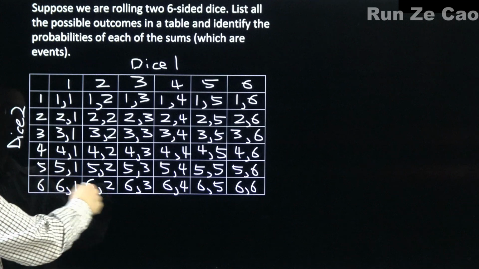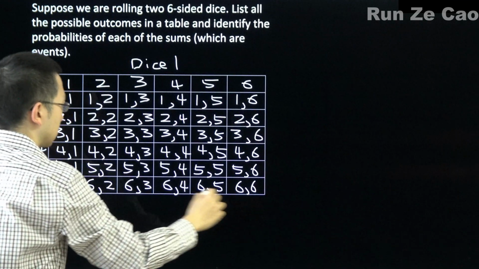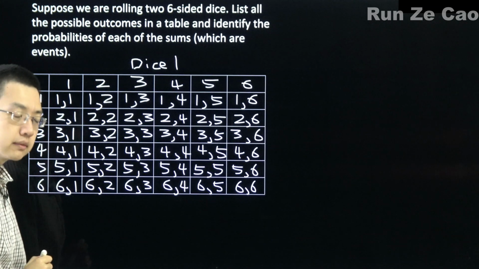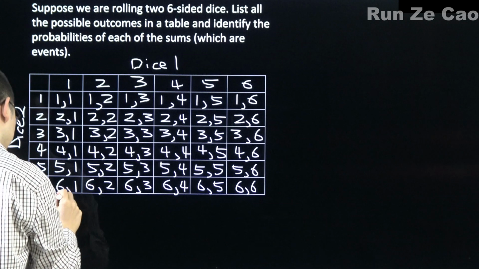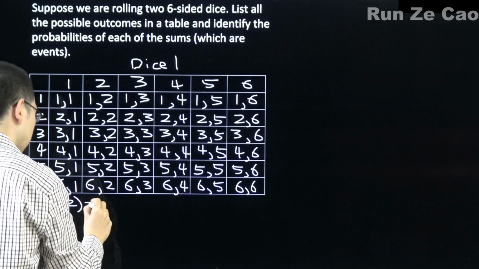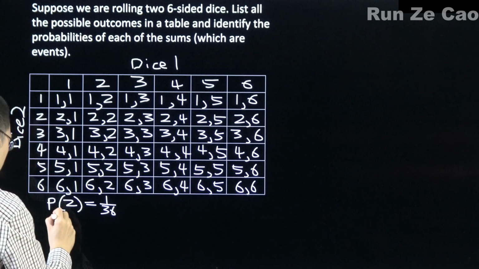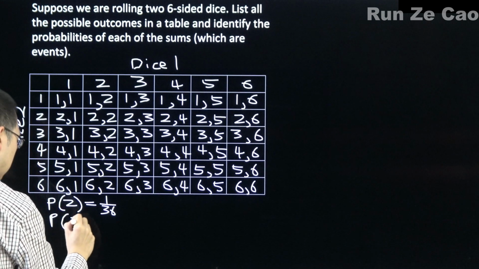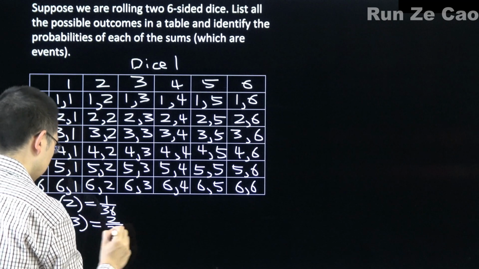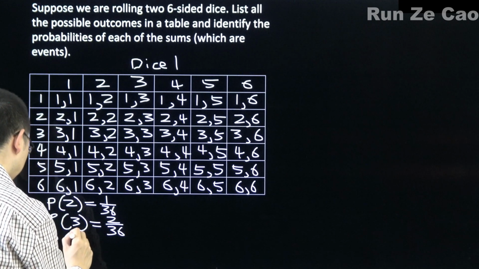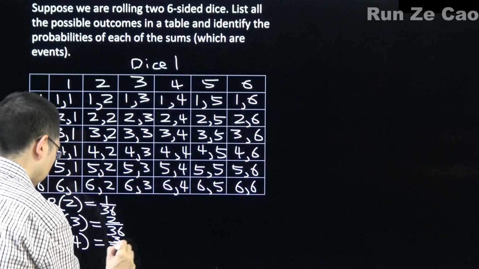Well, we can see that overall there are 36 cells here, 6 by 6, and for the sum 2, that's 1 over 36. Sum 3 is equal to 2 over 36. Sum 4 is equal to 3 over 36.